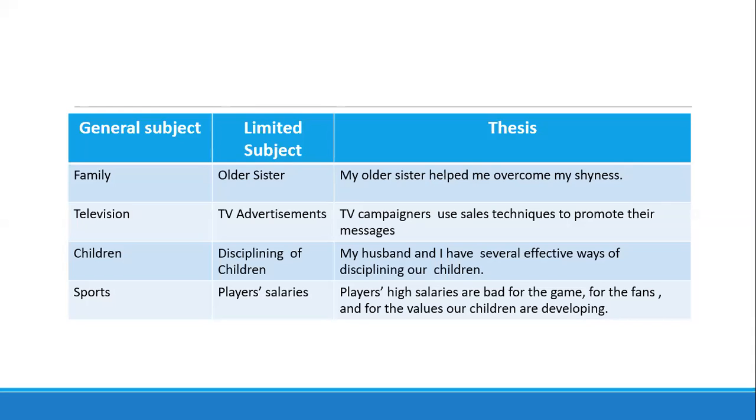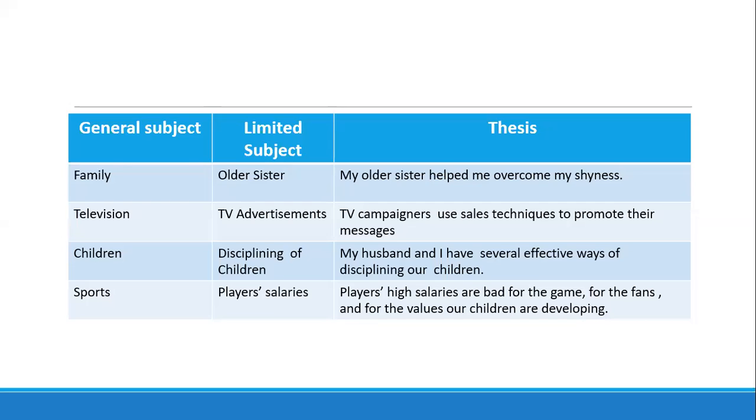Sports. Now in sports, the point you have taken is players' salaries. So players' high salaries are bad for the game, for the fans, and for the values our children are developing. So you have this thesis statement. Now you know that you will first write about why it is bad for the game.